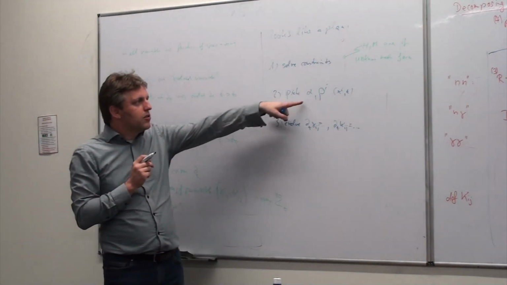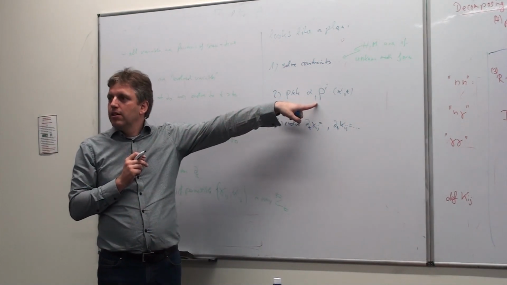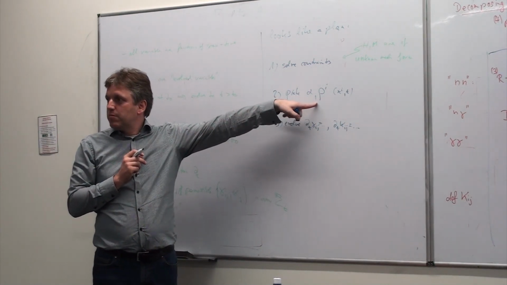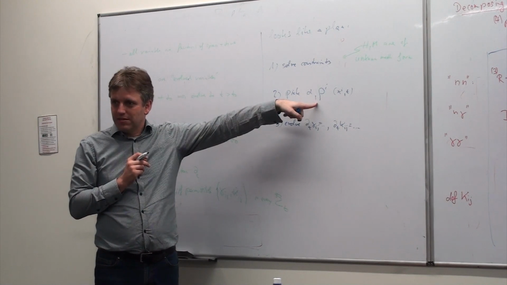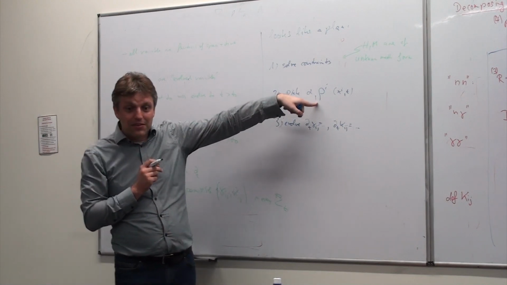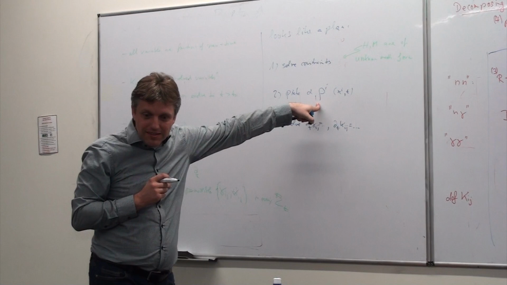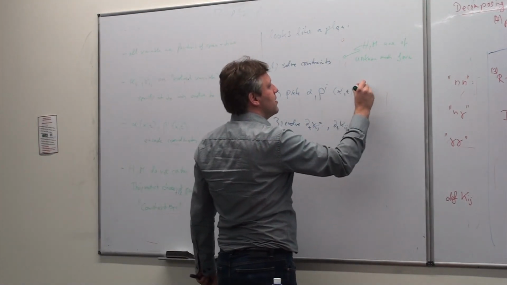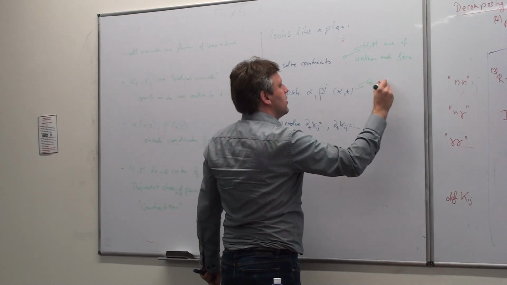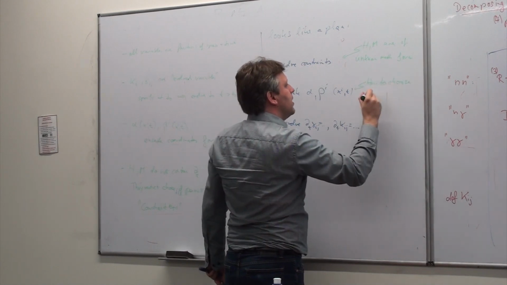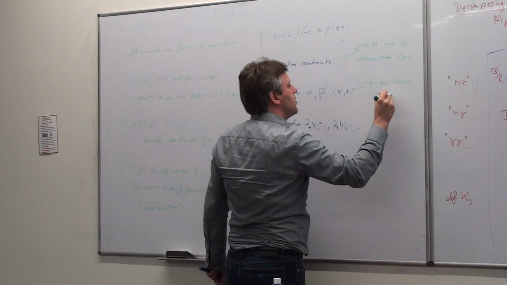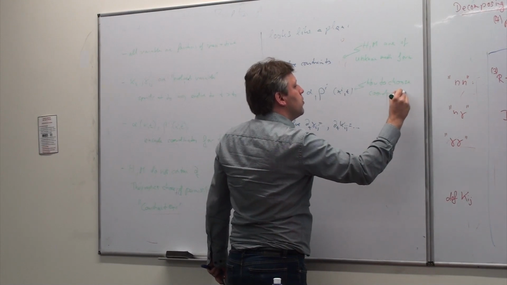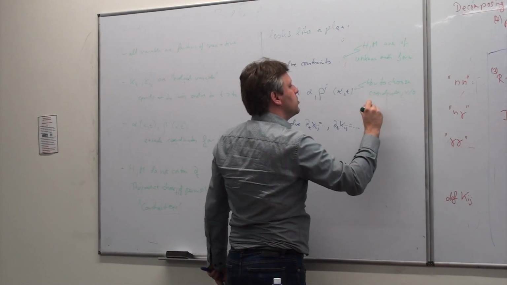When you're picking coordinates, you must pick coordinates for a spacetime you don't know yet. So this point is also quite difficult. So here the difficulty is how to choose the coordinates without knowing what's going to happen.